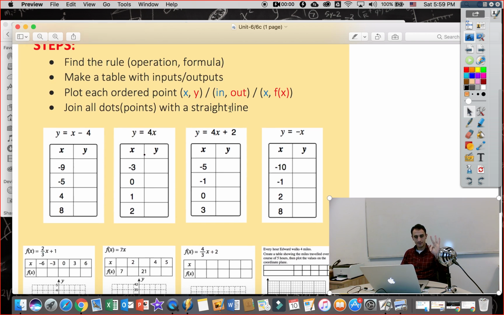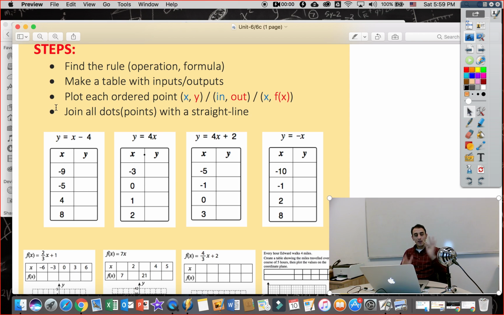Step number 3. If we have a table, it means that we'll have two columns of numbers, left and right, or up and down. Okay. If we have a vertical table, it means that inputs represent x, outputs represent y.